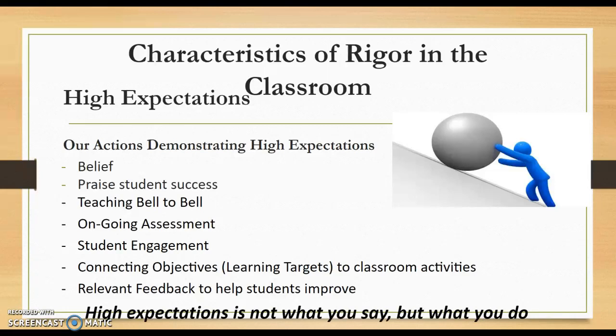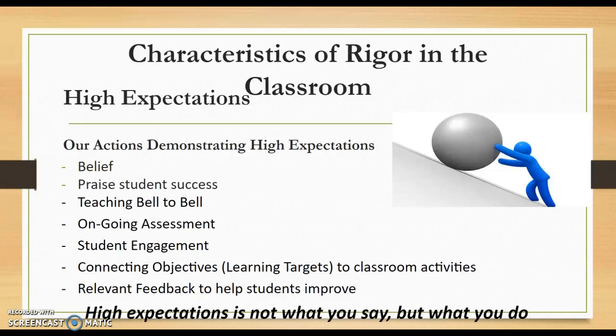So some other things when you're talking about those ongoing assessments. As you're going through that lesson, you have that ongoing assessment because you want to know, are the kids getting this? And you're making adjustments if the kids aren't getting it right away. And then you're talking about that student engagement, but beyond the passive engagement, into that active engagement of what the students are learning. Making those direct connections to the learning targets for the classroom activities to show how everything's connected so that they have to think at that higher level.